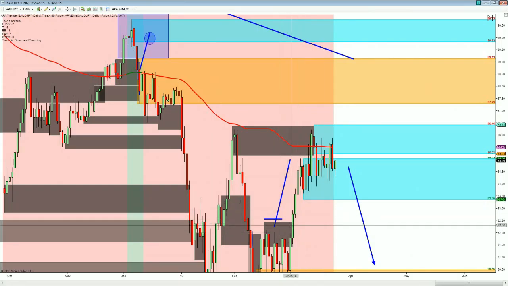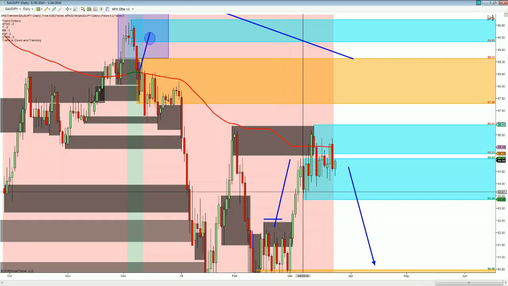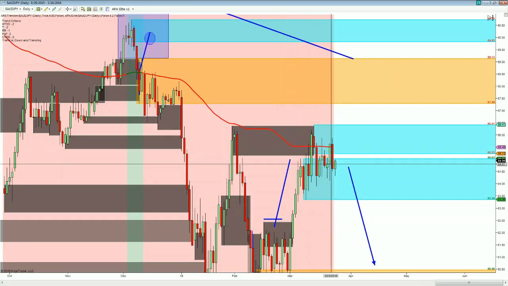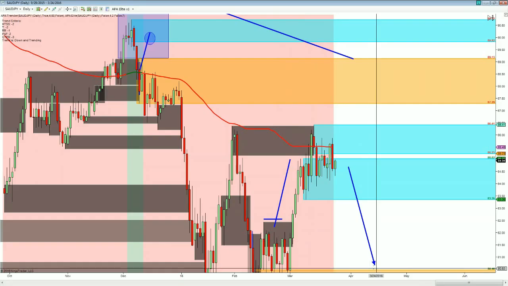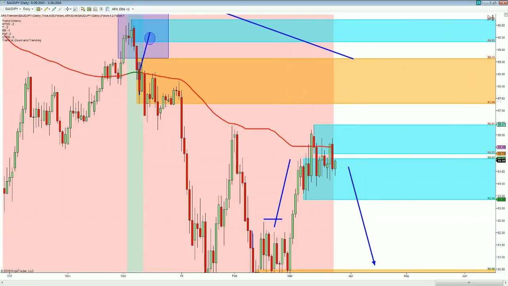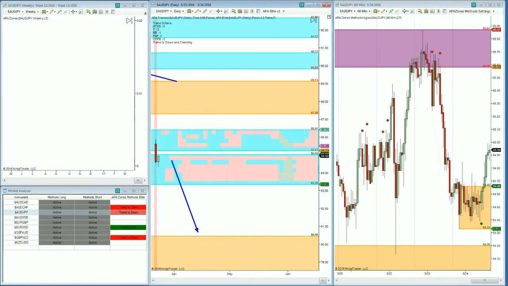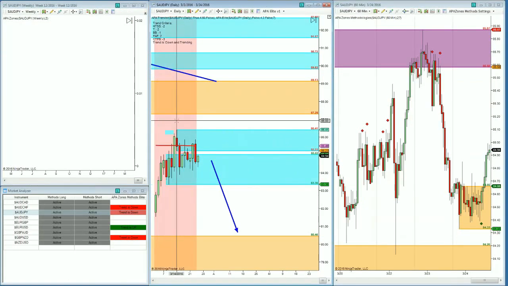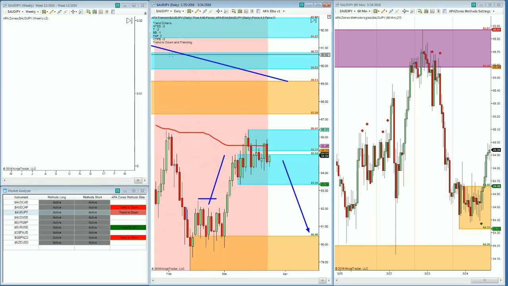So we got the expansion to the upside like we're looking for. Now it's consolidating. I'm looking for another retest down, personally speaking. So we'll see how that goes, but that's really what I'm looking for, and I'm just going to put that out there just because that's the trend follow play.